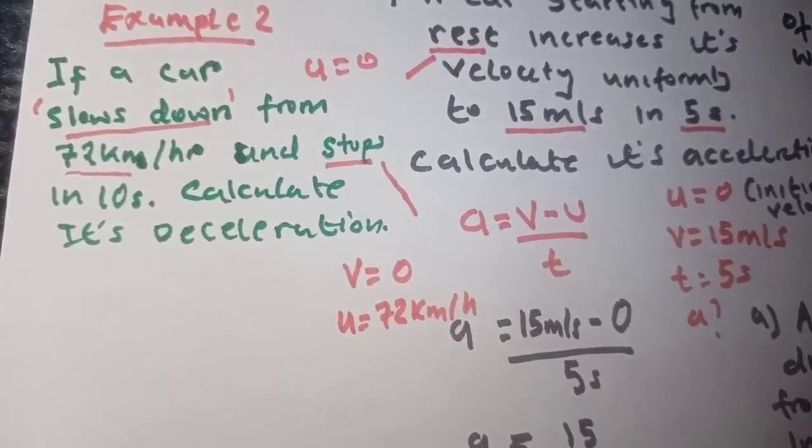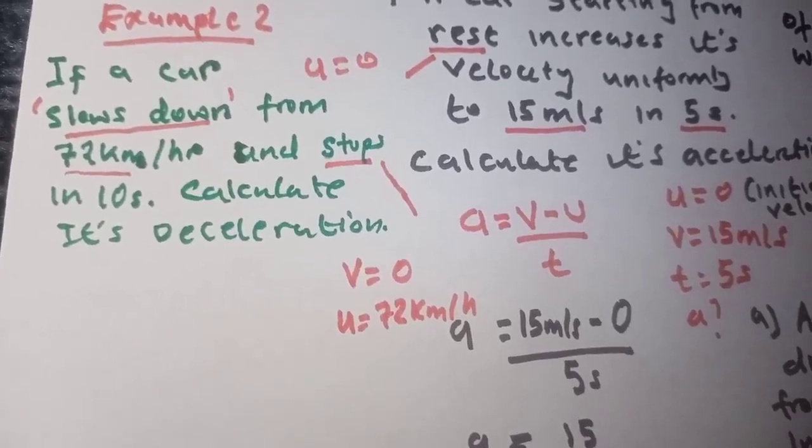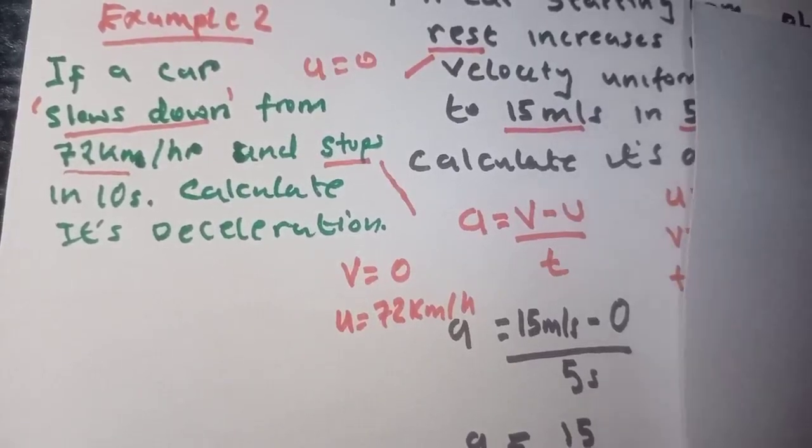I'll just tell you a simple way of changing kilometers per hour into meters per second. That's what we want, so I'll show you this simple way that you can be using.